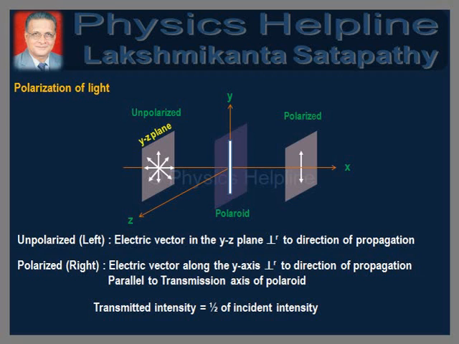Therefore, we conclude that when unpolarized light is incident on a Polaroid, the transmitted wave is plane polarized with its electric vector parallel to the transmission axis of the Polaroid. It may be noted that the intensity transmitted by the Polaroid is equal to half the intensity of incident light.